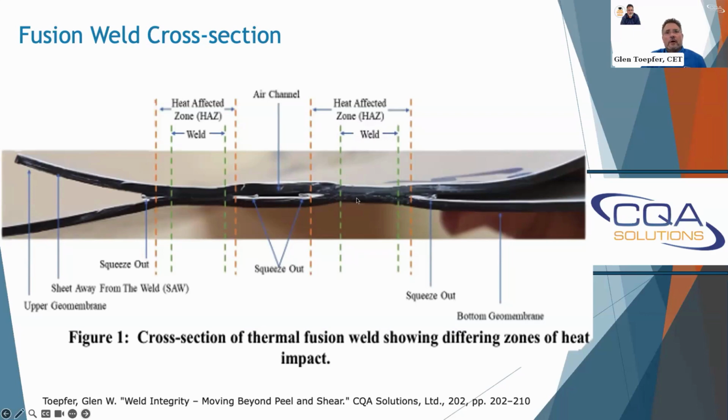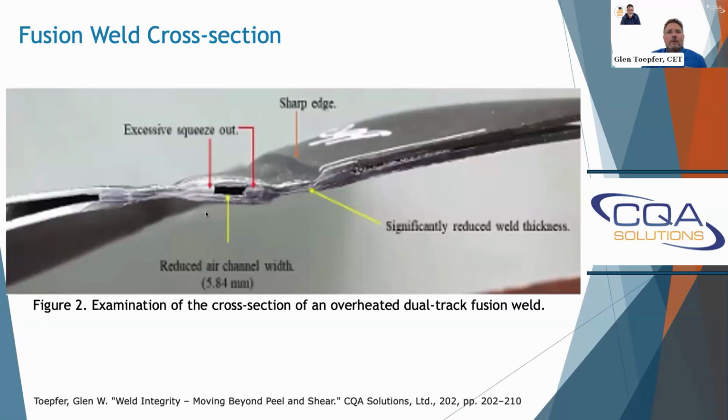You get squeeze out, and in that squeeze out zone you're also having a heat affected zone, where the heat's impacting more than just the seam. You have your air channel on the dual track, and on the other side, basically a mirror image when the weld's done properly.